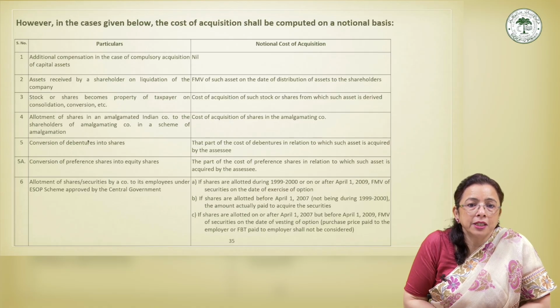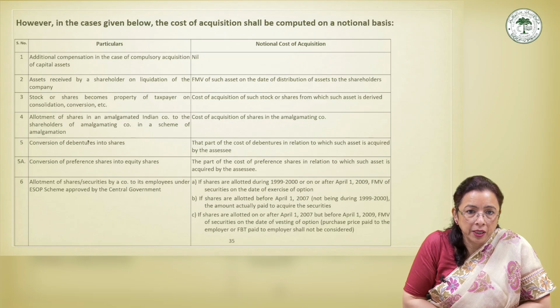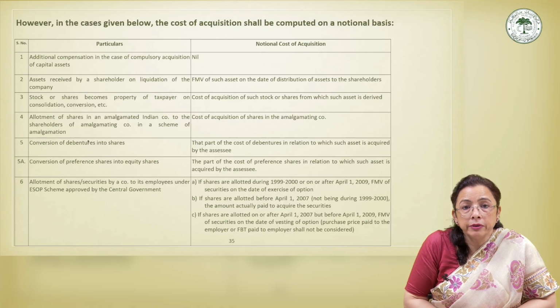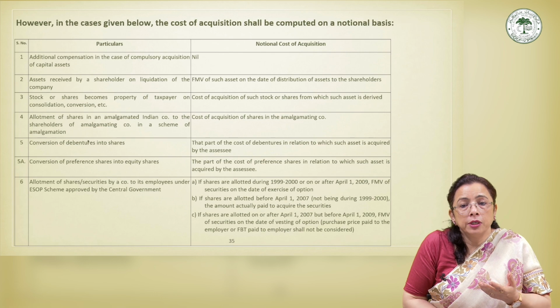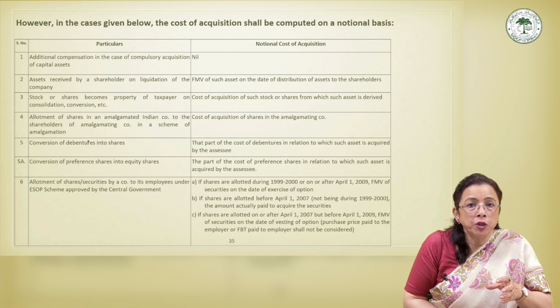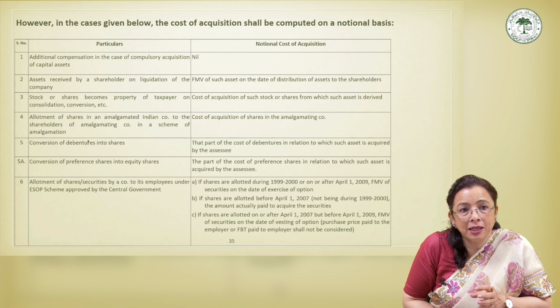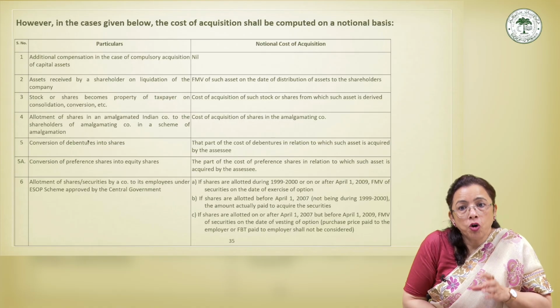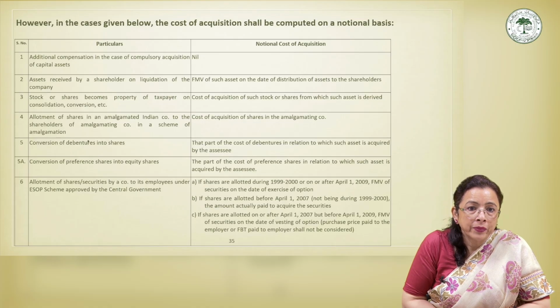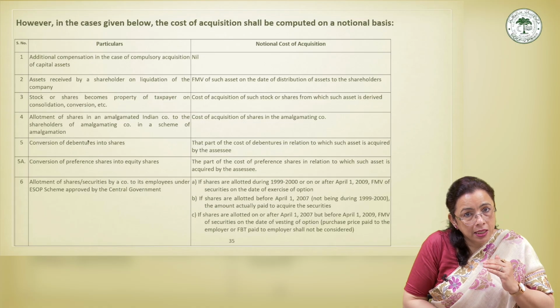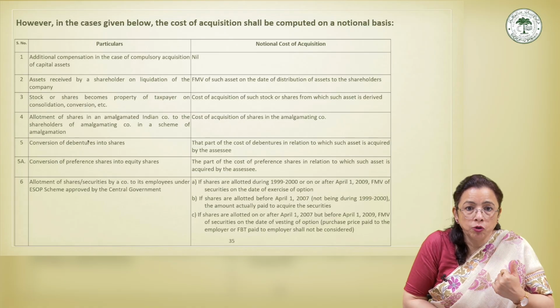Next is assets which are received by the shareholders on liquidation of company. Often we find that companies go into liquidation. At that point of time, the shareholders may receive money or assets from the company in exchange for surrendering their shares.